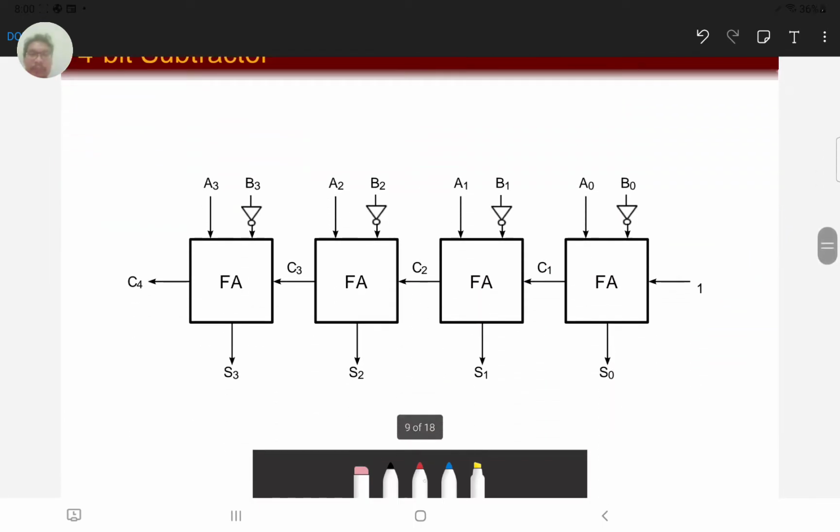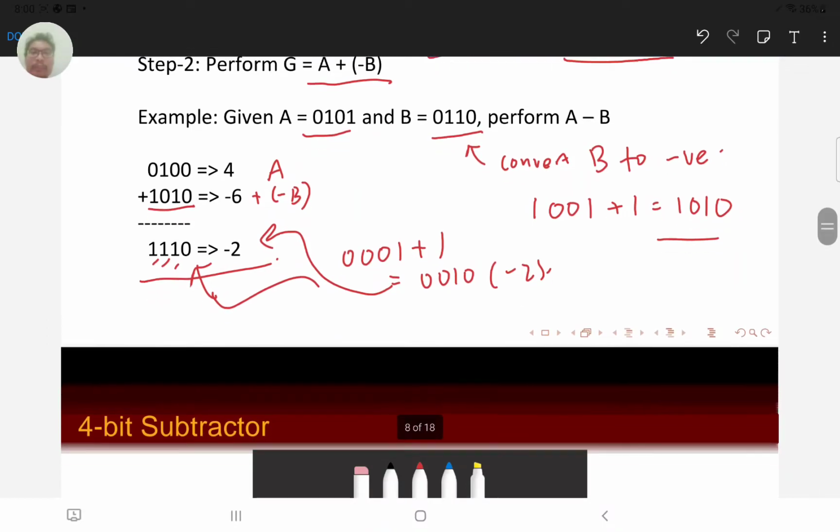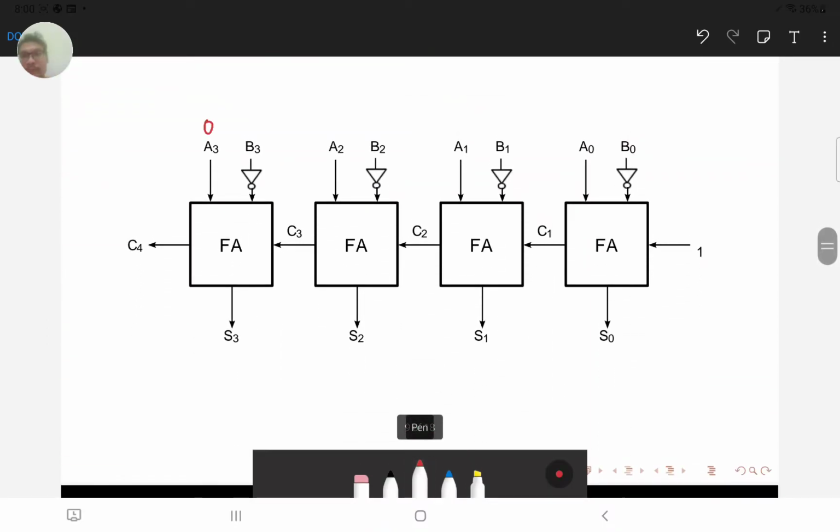So how to design the subtractor? For the subtractor, we need to add 1. Okay, so for example, what we had before was 0, 1, 0, 1, 0, 1, 1, 0. Sorry. Okay, 0, 1, 1, 0.